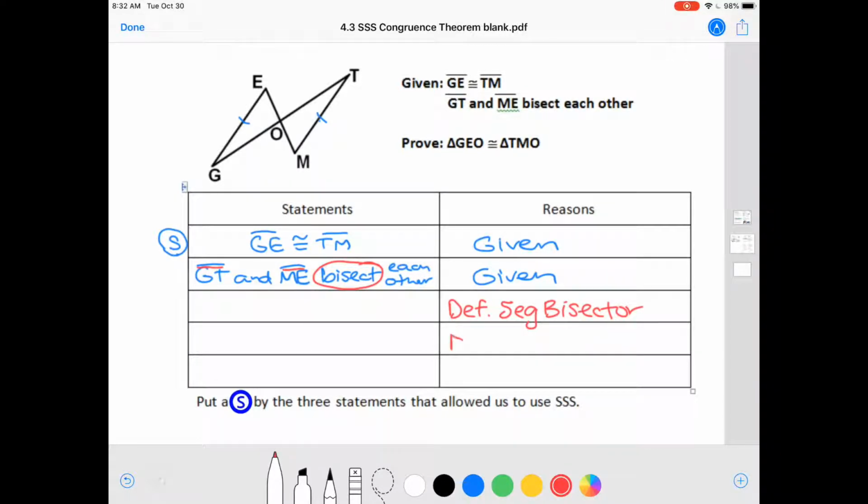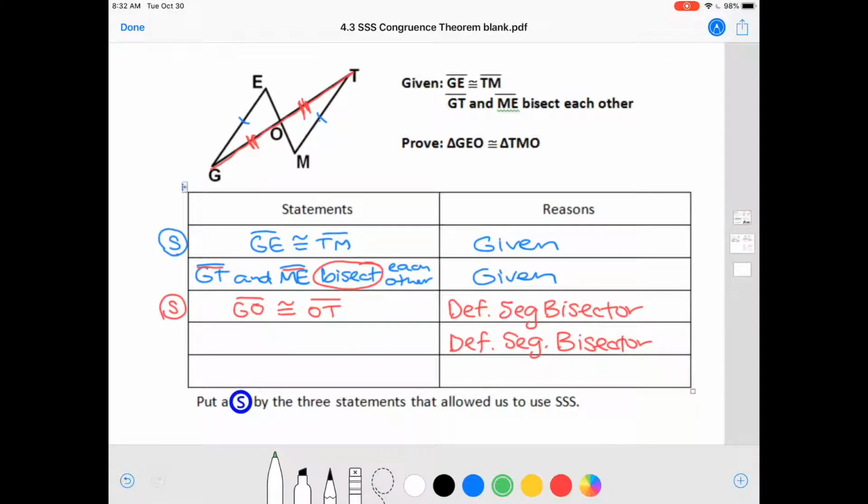So we actually sort of have 2 bisectors, which we'll be able to use. Let's look at each one. GT is bisected, which means I can tick GO and OT. GO and OT are congruent. It's another set of sides that are ticked.